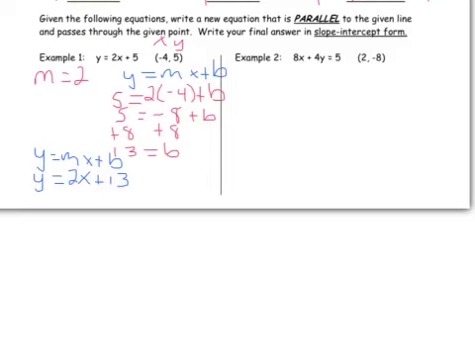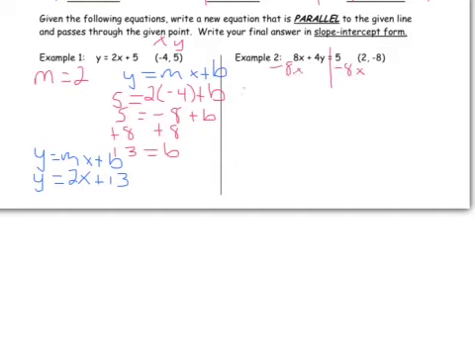Okay, example 2, 8x plus 4y equals 5, and it needs to go through the point 2, negative 8. So first thing that I want to do is take my standard form equation and write it into slope-intercept form. So to do that, I will move the x's by adding the opposite.